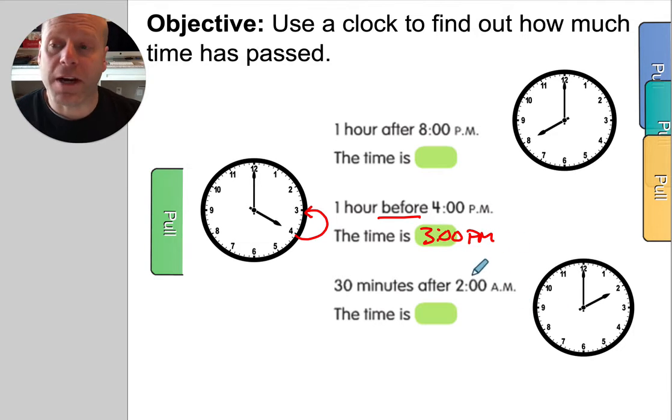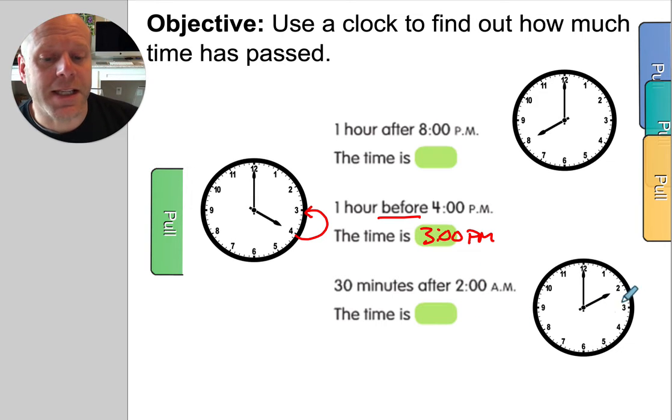And then the other kind of problem they might have you do is, let's say it's 2 o'clock a.m., and they want you just to go 30 minutes more. Well, that's relatively straightforward because the 2 is going to stay exactly the same. The only thing that's going to change is you're going to get 30 minutes after, right?